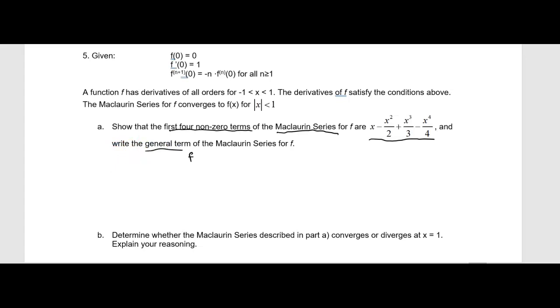So we're going to say f of x is equal to, we can do that because we're ultimately writing the general term. And then we need to come up with where all these things came from. Actually, we need to do that first. So the first thing we would need is what's our functional value at 0? That's easy, it's 0. So now I'll write my f of x would equal 0. That doesn't actually count. Terms, we want our first 4 non-zero terms.